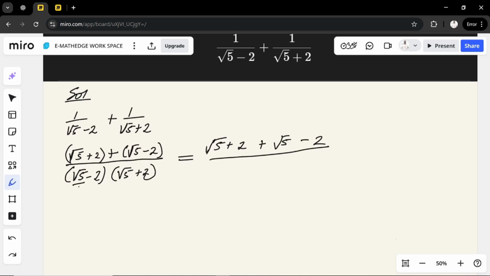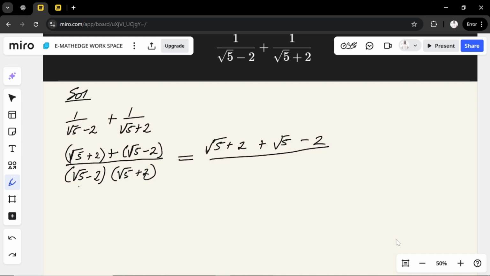The root of 5 multiplying the root of 5. And we know the square root of 5 multiplying the square root of 5 is going to give us 5. So instead of writing this expression all over again here, we are going to write just 5.